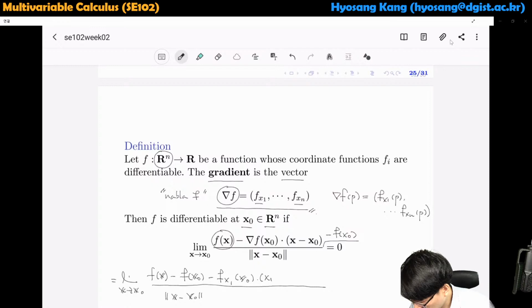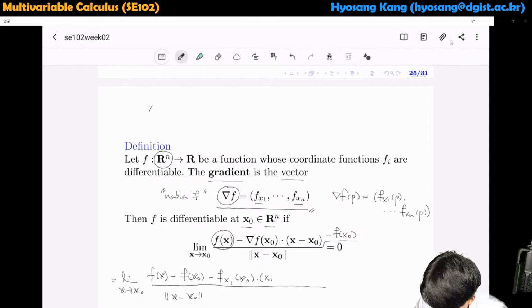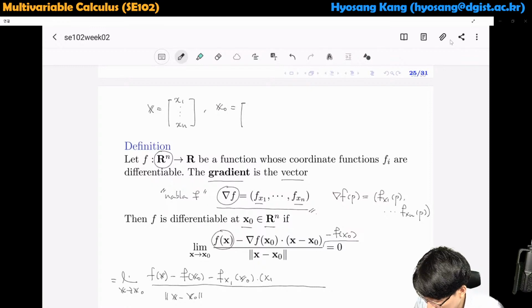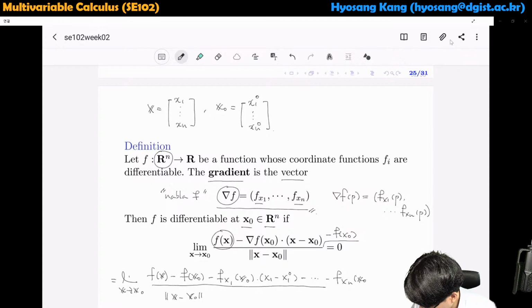Okay, so I have to also put x as x1 to xn, and x0 as, let's say, x10 to xn0.